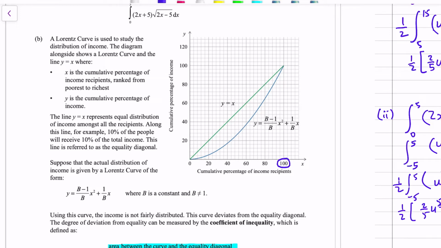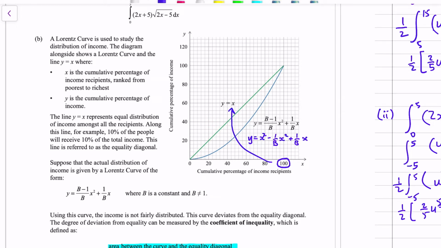When we sub in 100, we get y equals b minus 1 over b, x squared plus 1 over b, x. If we sub in 100 there, we still have stuff to do with b's in it, but if we sub 100 into the other function, we just get y equals 100.